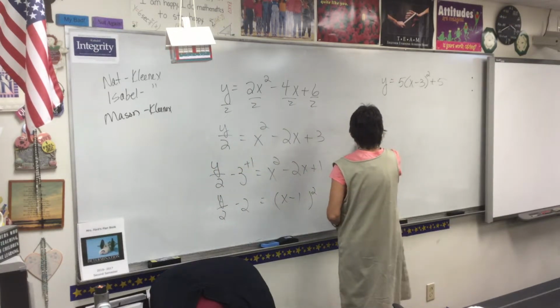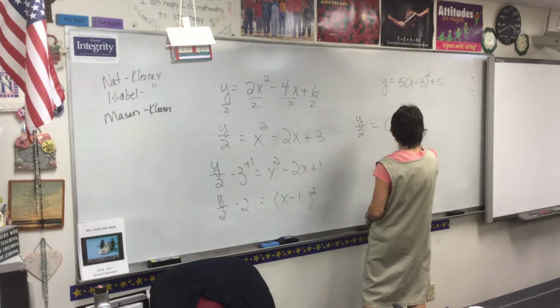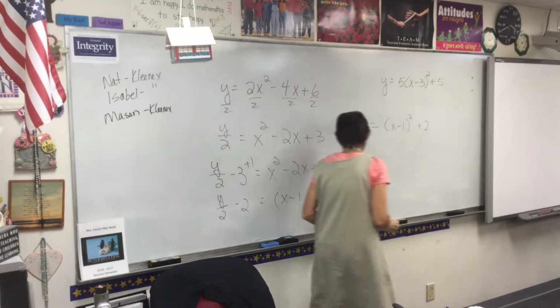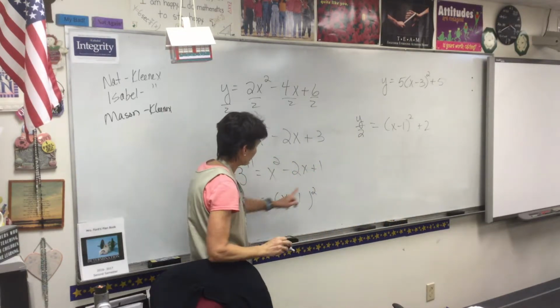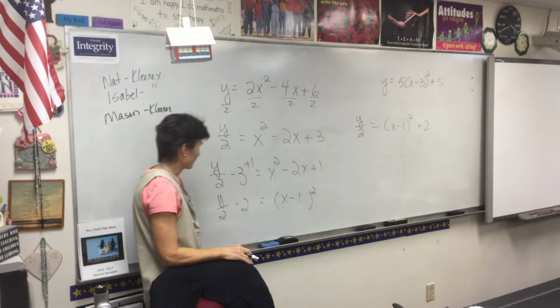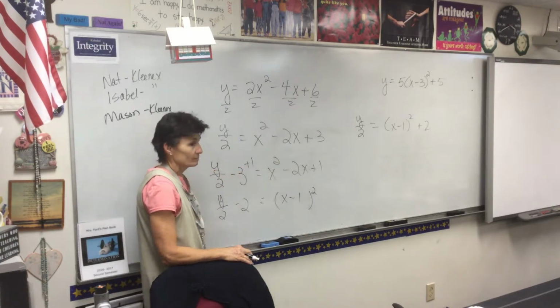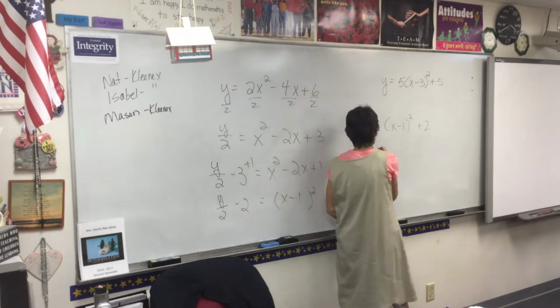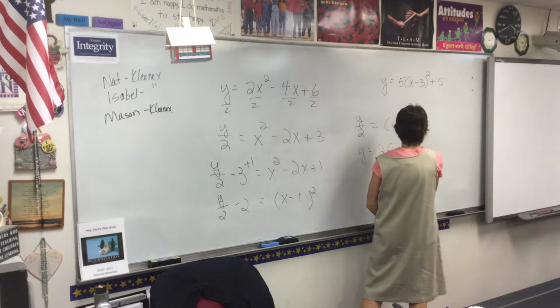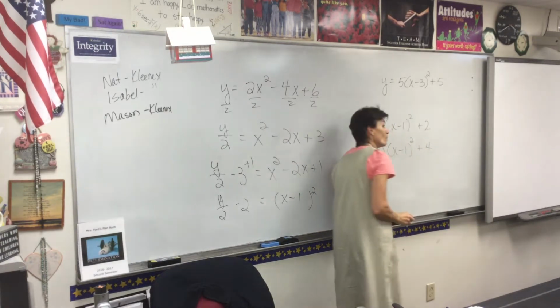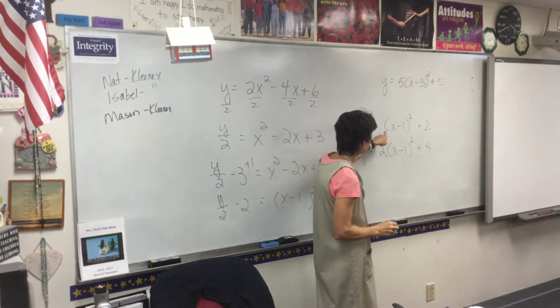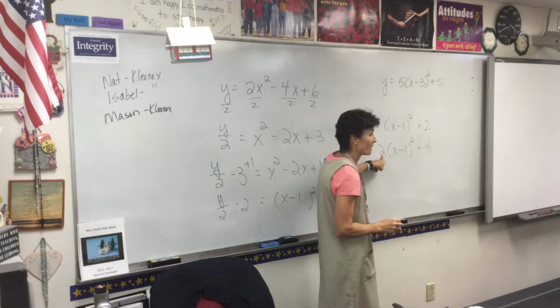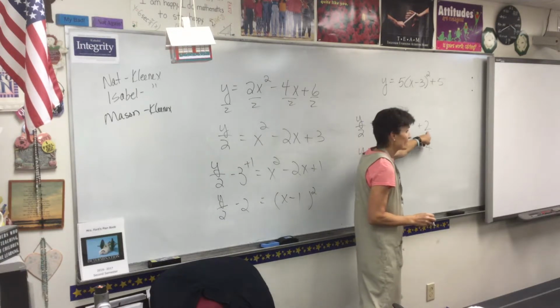So we have y over 2 equals x minus 1 squared plus 2. Moving this 2 back over, so it's out here. And then times it by 2. So y equals 2 times x minus 1 squared plus 4. Remember, when you times by 2, you multiply the parentheses by 2, and then you multiply this number back here by 2.